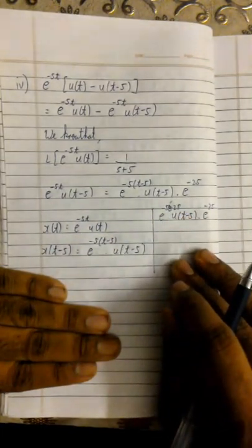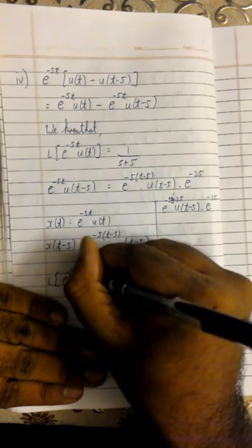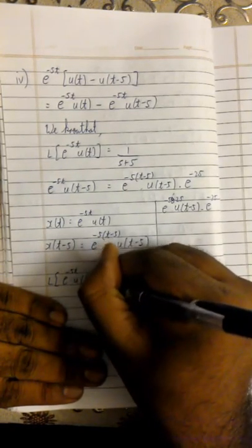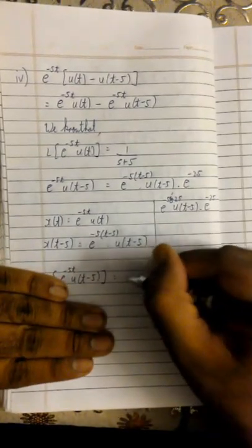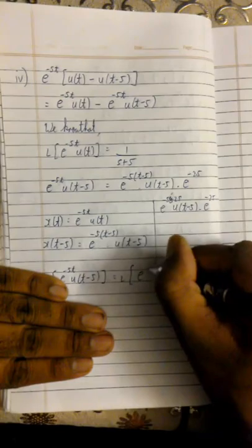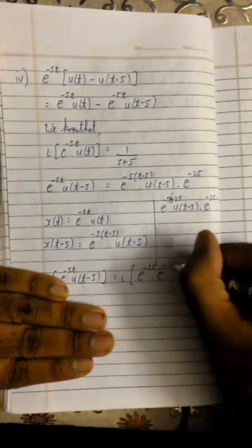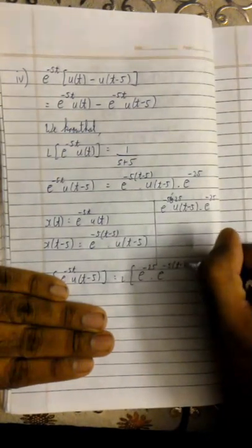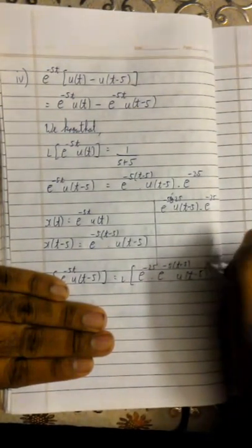So the Laplace transform of e raised to minus 5t u of t minus 5 is nothing but the Laplace transform of e raised to minus 25 into e raised to minus 5 into t minus 5 into u of t minus 5.